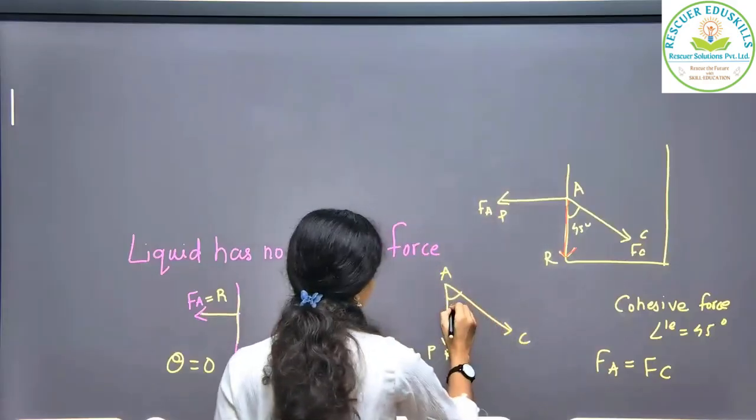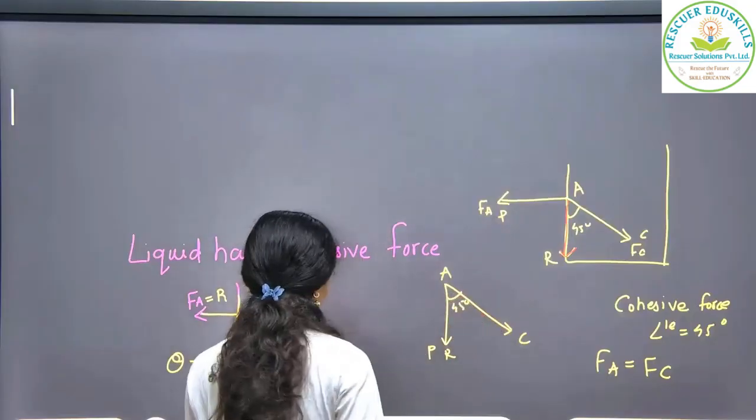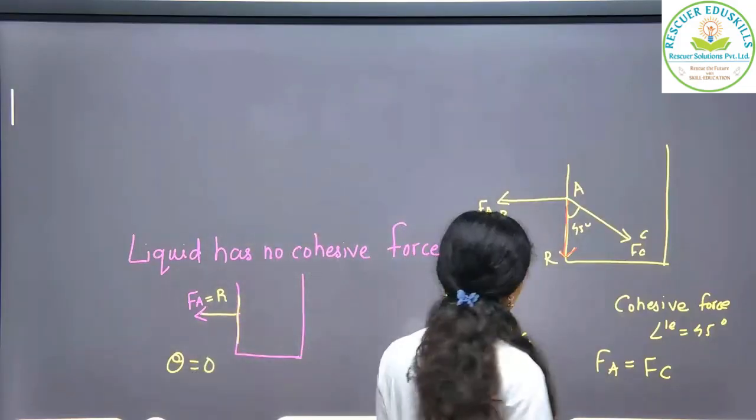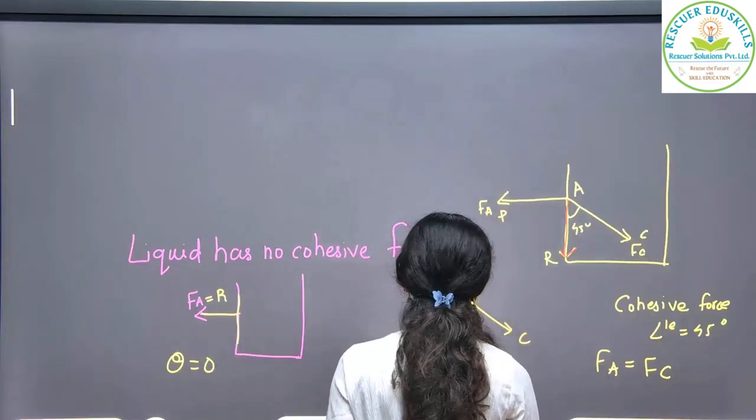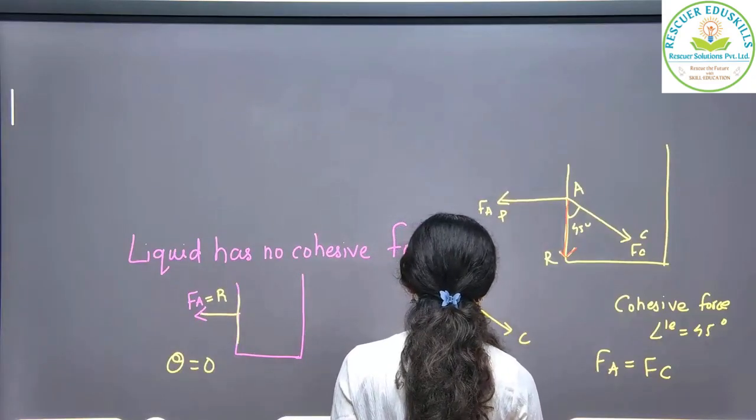Now what is sine 45? We can write sine as opposite upon hypotenuse.